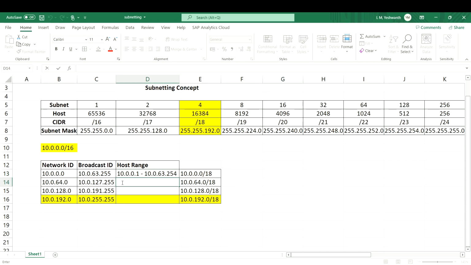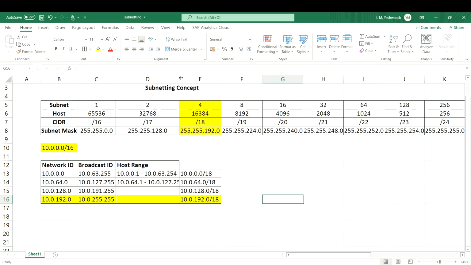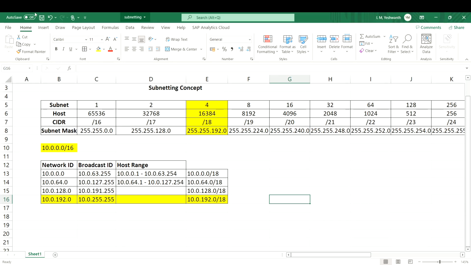So similarly, you have to type in for the next one. It would be 10.0.64.1, okay, and till 10.0.127.254, right? Hope you are understanding the concept, right?